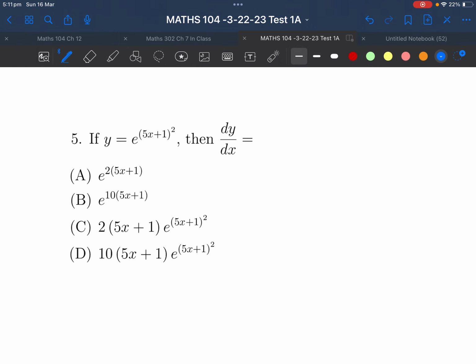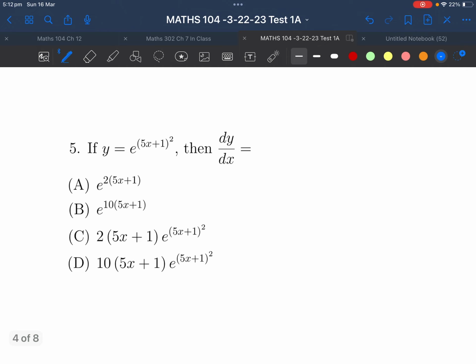Question 5, we have e to the power of something. So what is the derivative? If you remember, the derivative of e is e, and this is the inner. So we write the inner without changing the inner. And now we need to multiply by the derivative of the inner. What is the derivative of something squared? It will be 2 times 5x plus 1.